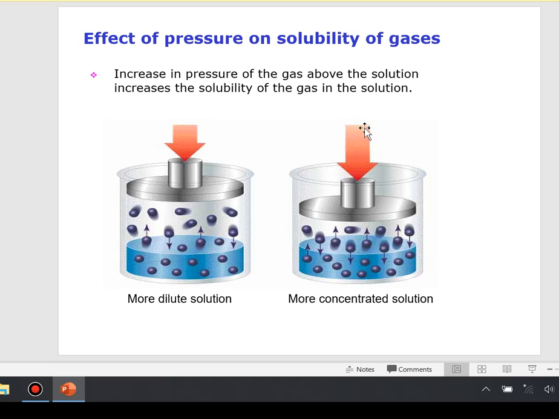Here pressure is increasing, so the solubility of the gas above the solution also increases. It means it is more soluble; the solubility of the gas into the solution increases. In this case pressure is less, so the solubility of gas into the liquid is less as compared to the second experiment.